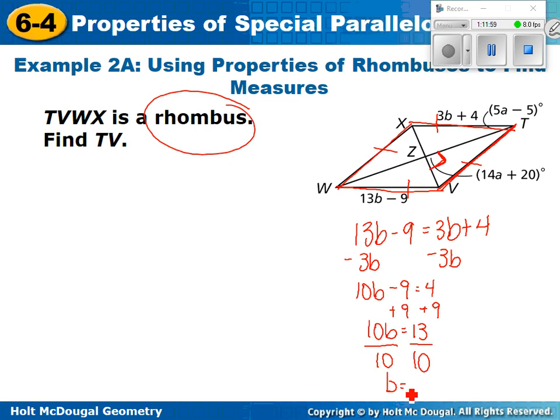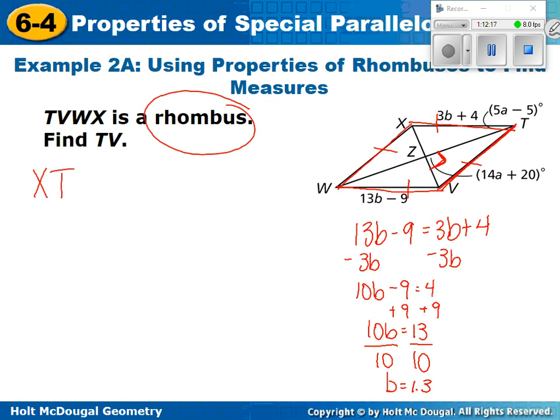What did you get for B? 1.3, and it's exactly 1.3, right? It's not repeating. There's no fractions to worry about. B is 1.3. We want to find TV. You said TV is the same as any of the sides, so which one do you want to plug it back in for? I probably would too.